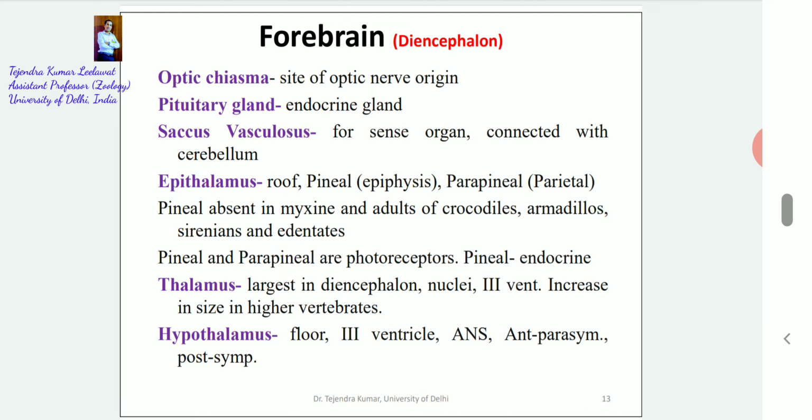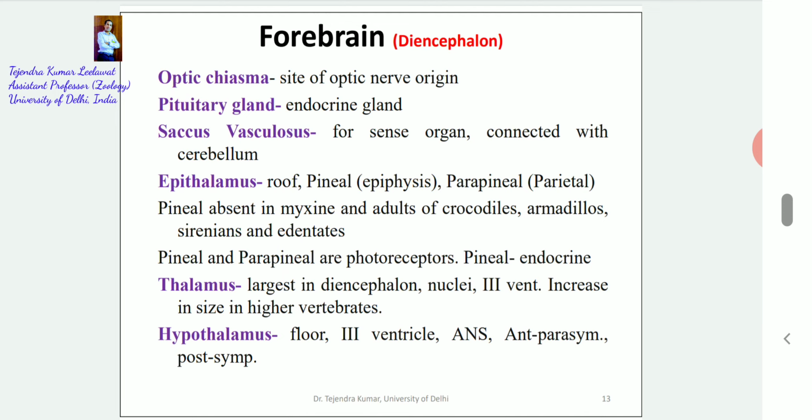Pineal is absent in myxine, meaning lower vertebrates, and in adults of animals like crocodile, Sirenians, which are mammals, and edentates, which are also mammals. But in case of human, pineal is present.